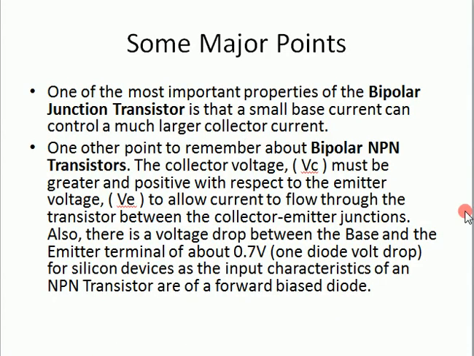Some major points here: one of the most important properties of the bipolar junction transistor is that a small base current can control a much larger collector current.